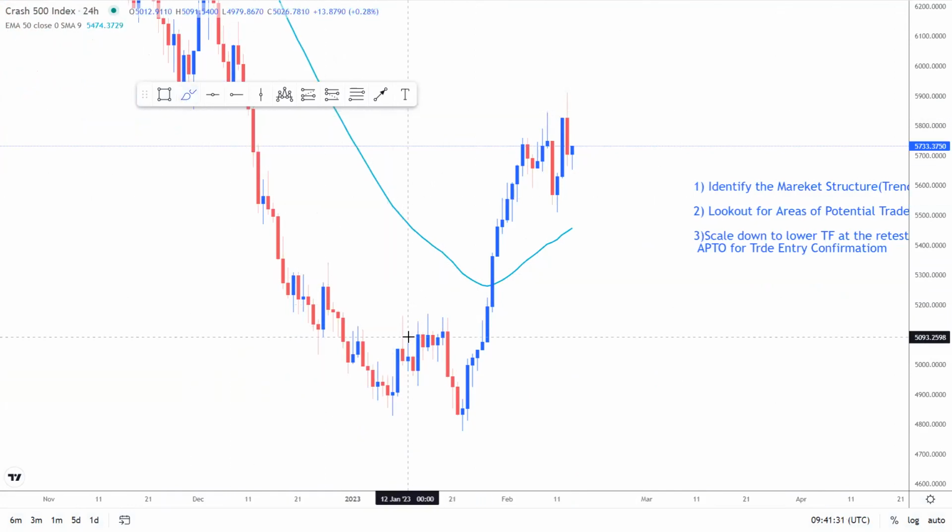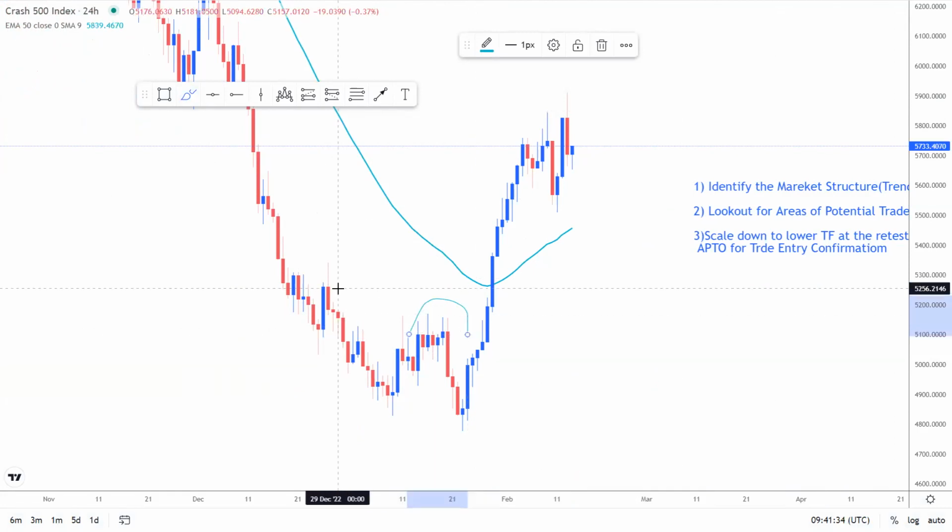Clearly from the daily time frame, you can see we're very much bullish, having broke above this previous swing high, this previous lower high. So we had this as the most recent swing high that led towards this lower low.